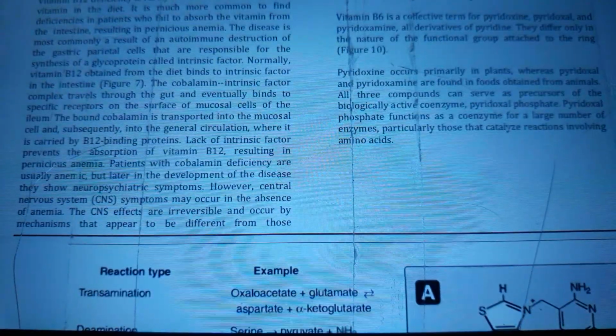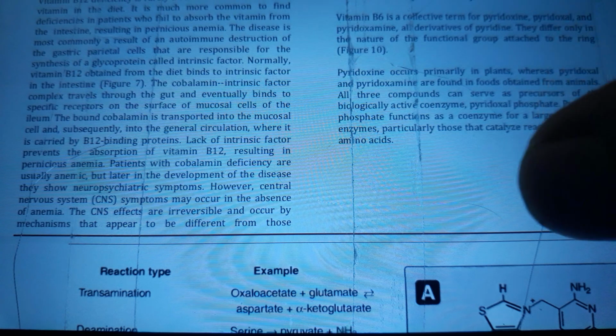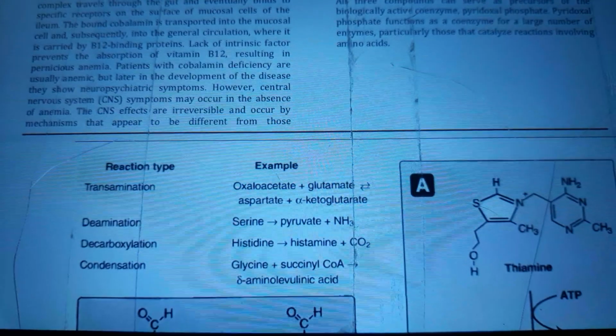Pernicious anemia. Vitamin B12 deficiency is rarely a result of an absence of vitamin in the diet. It is much more common to find deficiencies in patients who fail to absorb the vitamin from the intestine, resulting in pernicious anemia. The disease is most commonly a result of an autoimmune destruction of the gastric parietal cells that are responsible for the synthesis of a glycoprotein called intrinsic factor. Normally, vitamin B12 from the diet binds to intrinsic factor in the intestine.